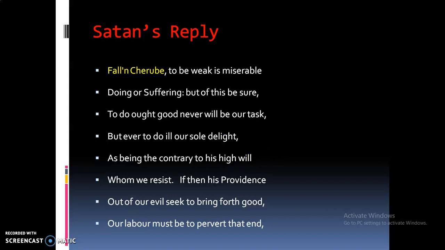But he says, if God seeks to convert the evil that they do into good, their endeavor should be ever only to reverse God's purpose and to invent evil out of good. In this way, they may often succeed in annoying God.